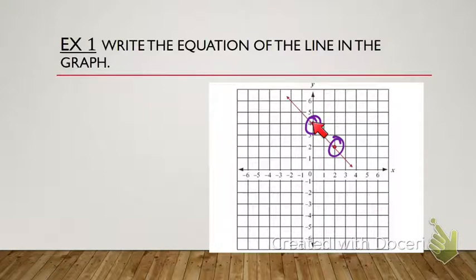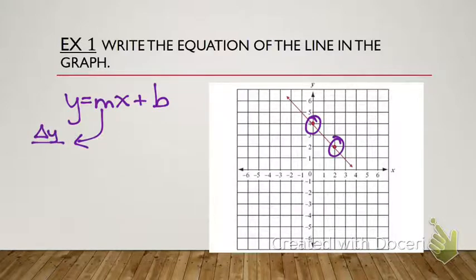When we do y equals mx plus b, we've got to figure out how do I move? What is the change in the y coordinates compared to the change in the x coordinates? Meaning, how much do we move up or down, and how much do we move right or left? What we're going to do is systematically always choose the left point.